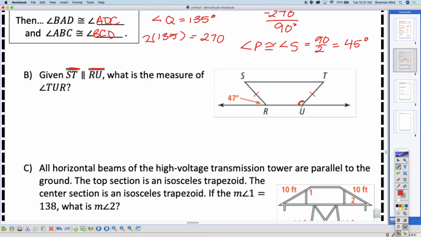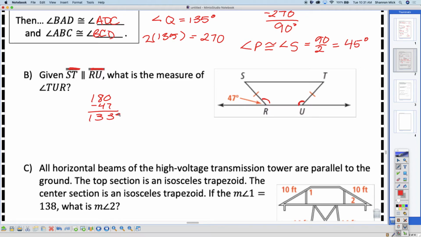Look on your things, guys. What do you know about these U and R? They're the same. So if I find U, do I know R? Yes. So I'm going to use the fact that I have a straight angle here, so 180 minus 47 is 133.